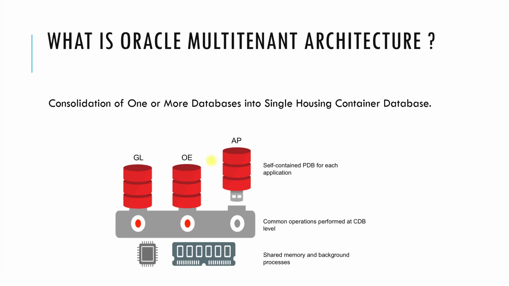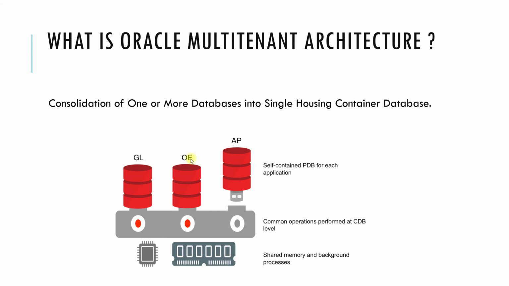After 12c R2 everything is the same, just small features are changing, but 12c R2 is the base of everything. So that is the best version you can call it. So we are talking about 12c R2.